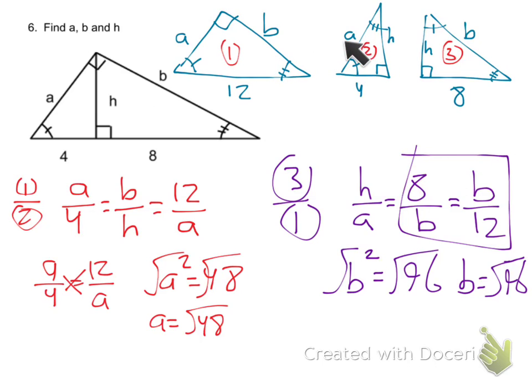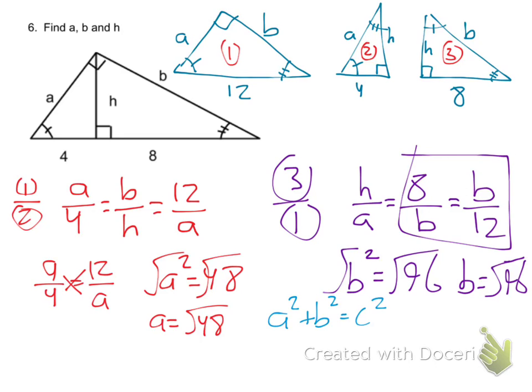Wait a minute. If I know A, I know the hypotenuse, I know a leg, that means I can find the other leg using Pythagorean's theorem. Right. So I can use A squared plus B squared equals C squared. Remember that C is the hypotenuse. We're changing up variables in our problem, though.